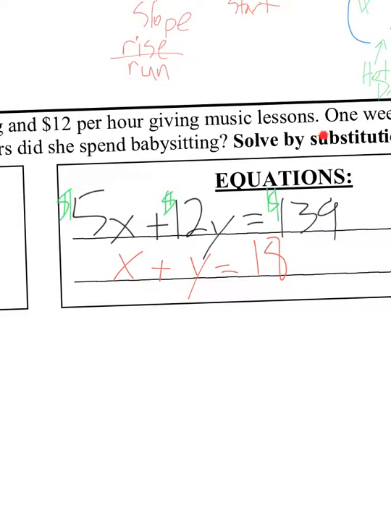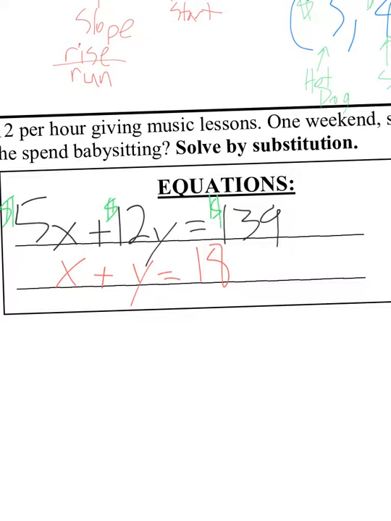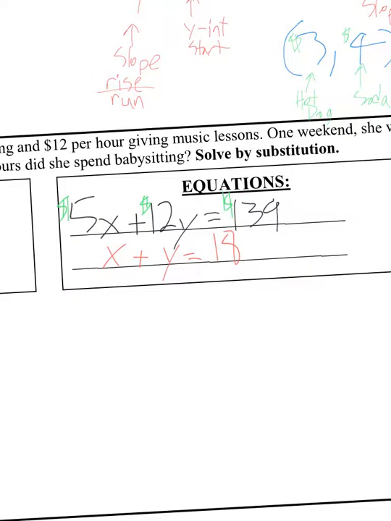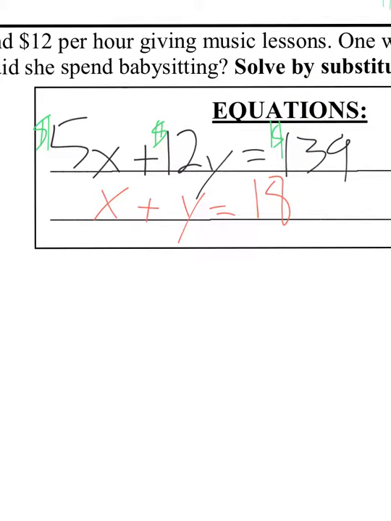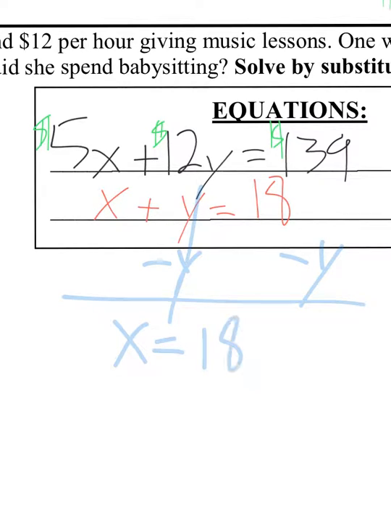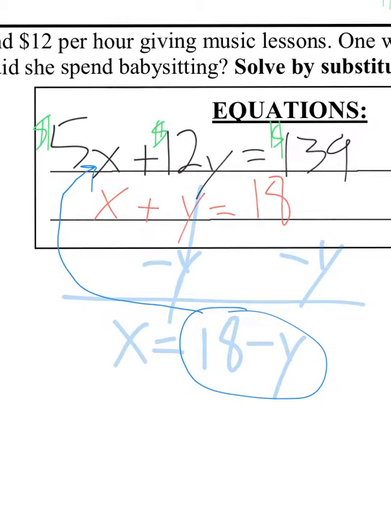So now we're going to solve by substitution, all right? So you got to get one of the variables equal to X or Y. I know that if I just subtract Y to the other side, I will get X equals 18 minus Y. And so I can use the X equals equation to substitute in for X right there into the first equation.